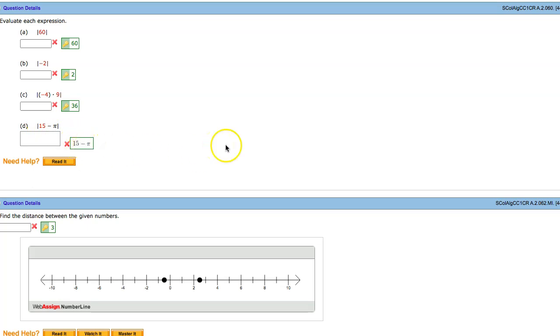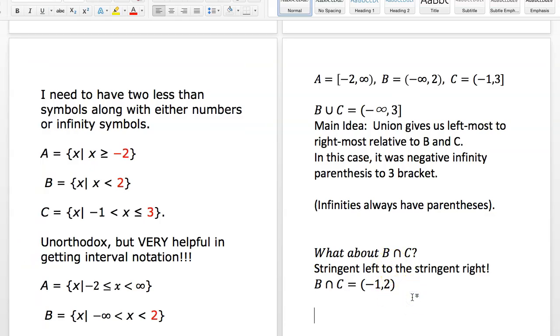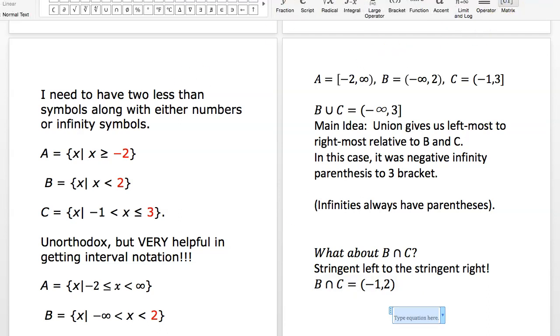Okay. And the general rule is, here's the rule. Absolute value of a minus b equals a minus b if a is greater than or equal to b.